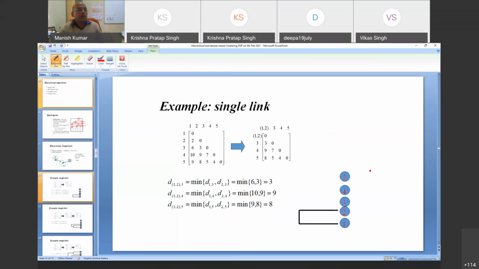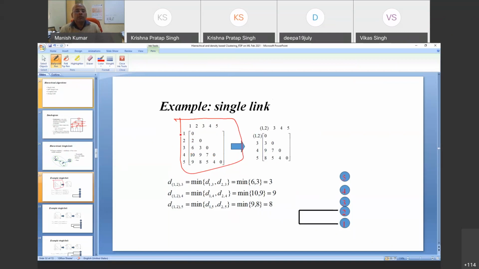Okay, fine. So you can see here one dissimilarity matrix I have, where the diagonal elements are 0. These might be objects 1, 2, 3, 4, 5. I can say that these are cities, and these are the distances between cities.